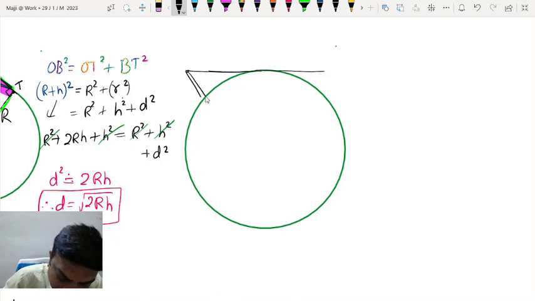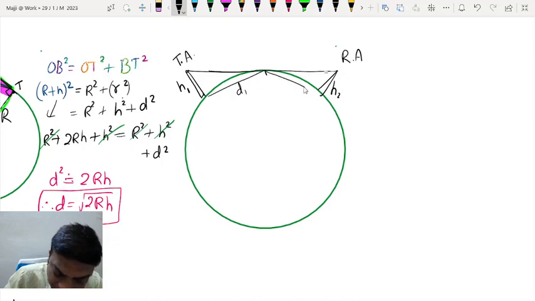So one of them will be the transmitting antenna. The other will be the receiving antenna. Okay, so if this height is h1 and this height is h2, then as you know, this distance is d1 and this distance is d2. In fact, both the distances are same approximately.